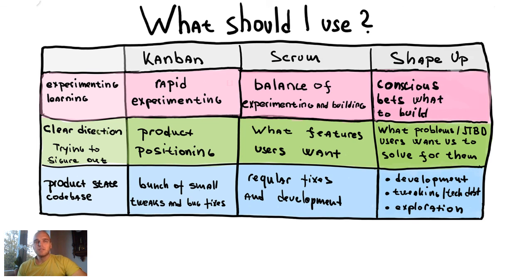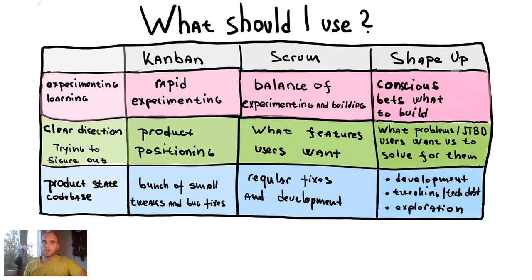For that, I think probably the best is Kanban, because every day you say, okay, today I will focus on this and try to experiment with this kind of thing. You can change course every day, and for the beginning of projects or the beginning of some new feature, it could actually be a good way to do things.